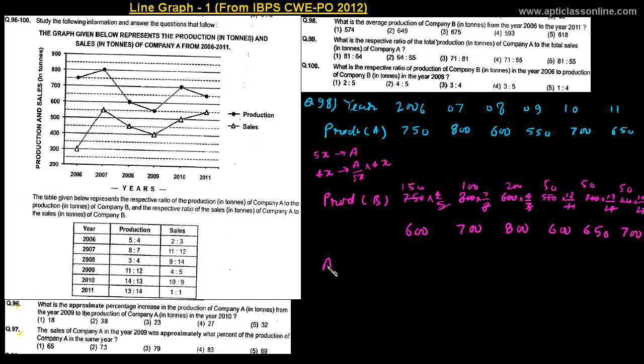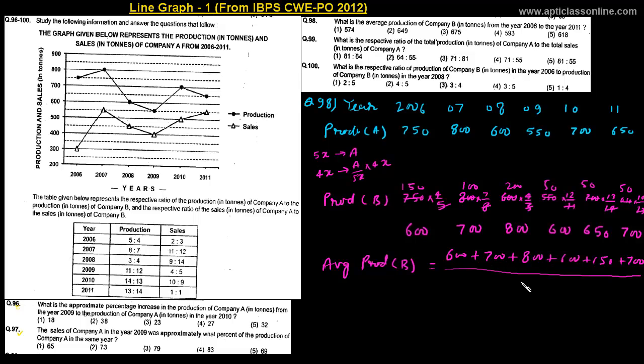So in order to get the average production of B from 2006 to 2011, we will have to add up these values: 600 plus 700 plus 800 plus 600 plus 650 plus 700. These values are divided by the number of years, 1 2 3 4 5 6, that is 6. So this will be a very simple addition.